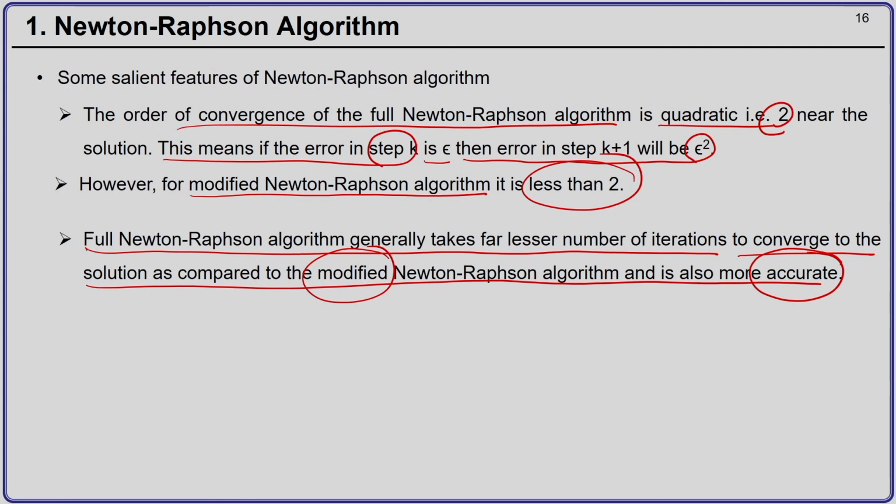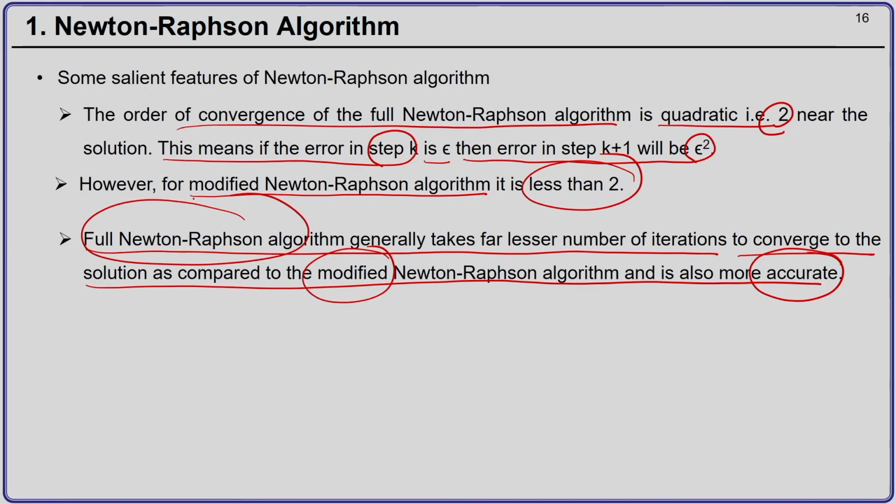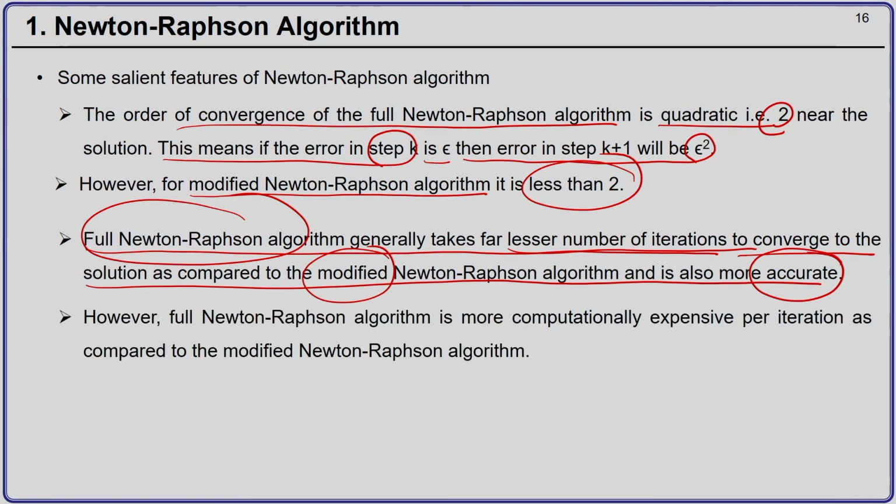So, we evaluate it once at the start of the Newton-Raphson iteration, and we keep it fixed for all the Newton-Raphson iterations. In full Newton-Raphson method, at each and every Newton-Raphson step, we recalculate the tangent. Okay. Therefore, because we have a fresh tangent at every step, fewer iterations are needed to converge.